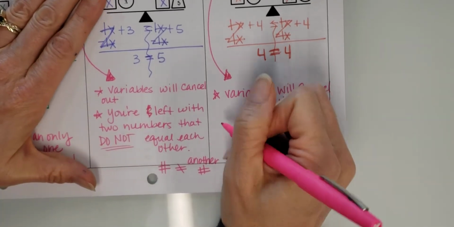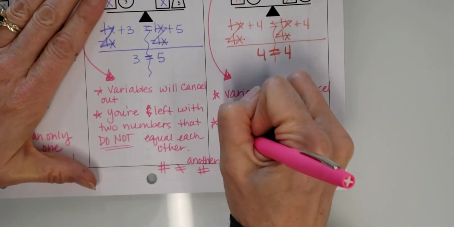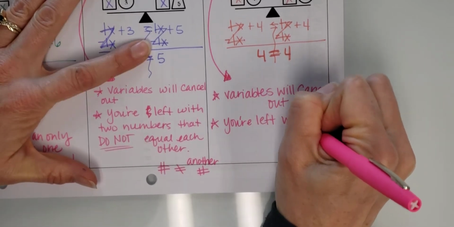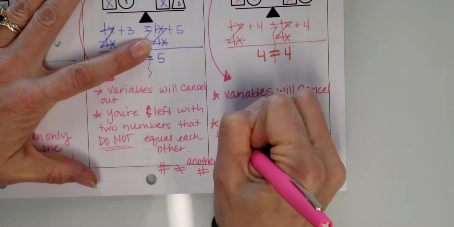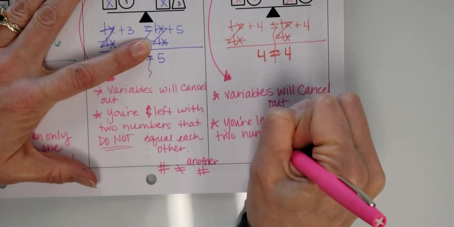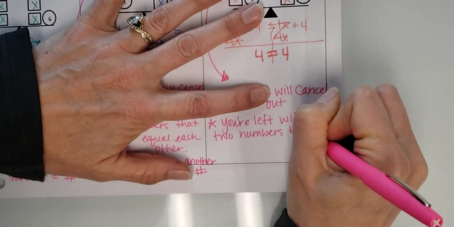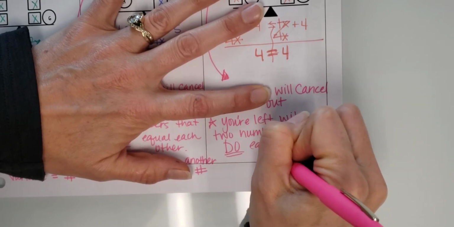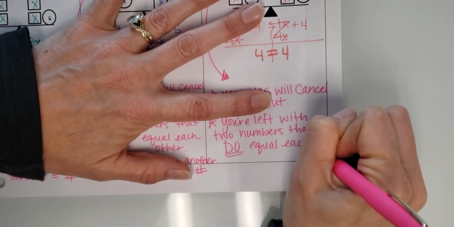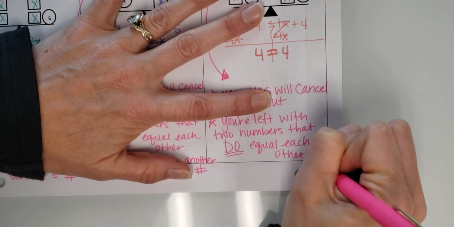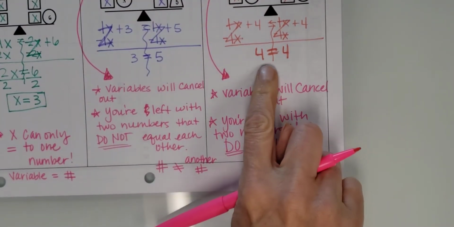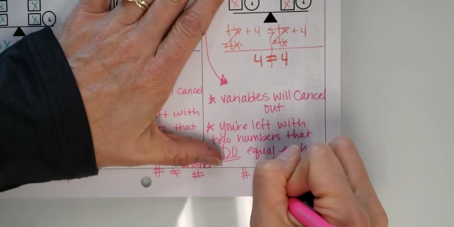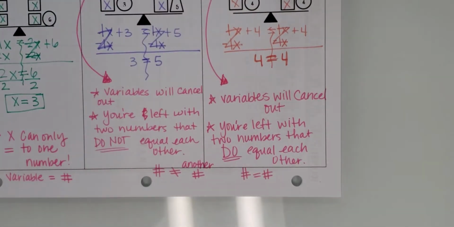But the difference is on this one, you're left with two numbers that do equal each other. Like for example, 4 equals 4. So what it looks like is some number that equals that same number.